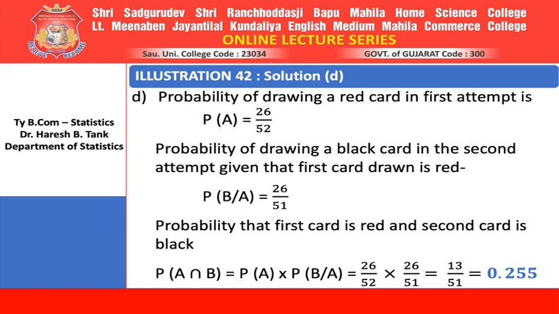So probability that first card is red and second card is black becomes probability of A intersection of B, which is equal to probability of A multiplied by probability of B, where A had already occurred. Simplifying it, it is 26 by 52 multiplied by 26 upon 51, which is equal to 13 upon 51. More simplifying it, it comes to 0.255.